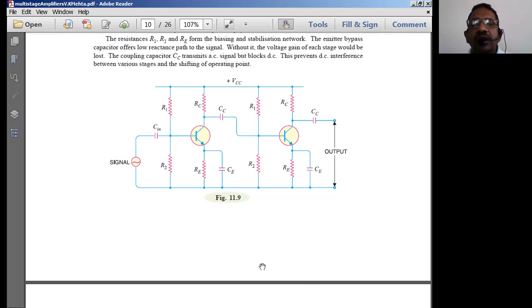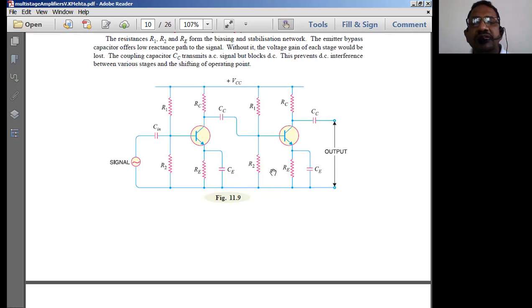So in general, we consider the effective resistance. What is the effective resistance? When you draw the AC equivalent circuit, this point is simply connected to the ground. That means if this is taken as C1, C1 is connected to the ground via RC1, and also R1, R2 are connected to ground, and the input resistance of this is connected to ground.